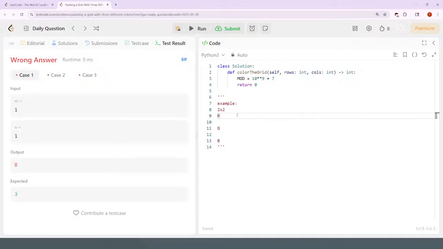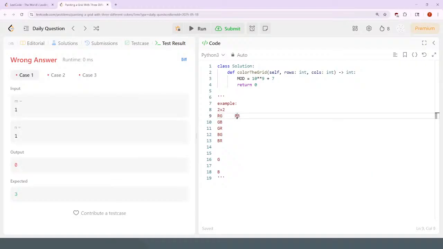And then let's say it could be green here, or it could be blue. And then if it's red, green, the second row could be green, blue. The second row could be green, red, blue, green, blue, red. So any of those would work.